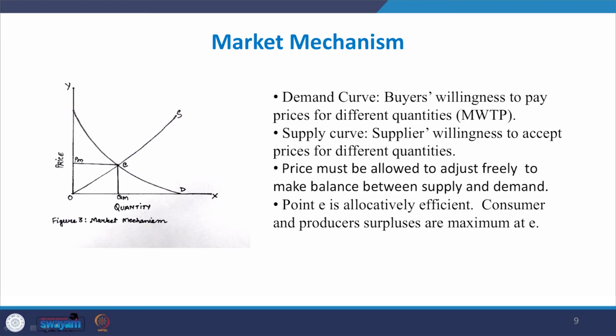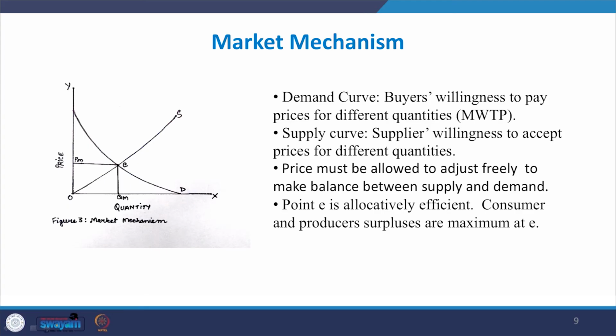Producers, if price is above the OPM, would be willing to supply more, but consumers are not willing to take more. So, it means that the equilibrium level of price will not be determined.